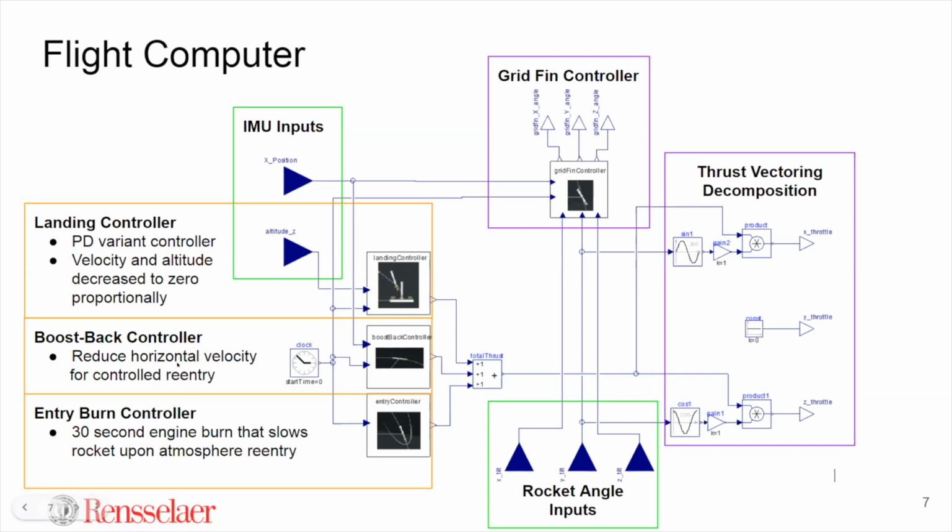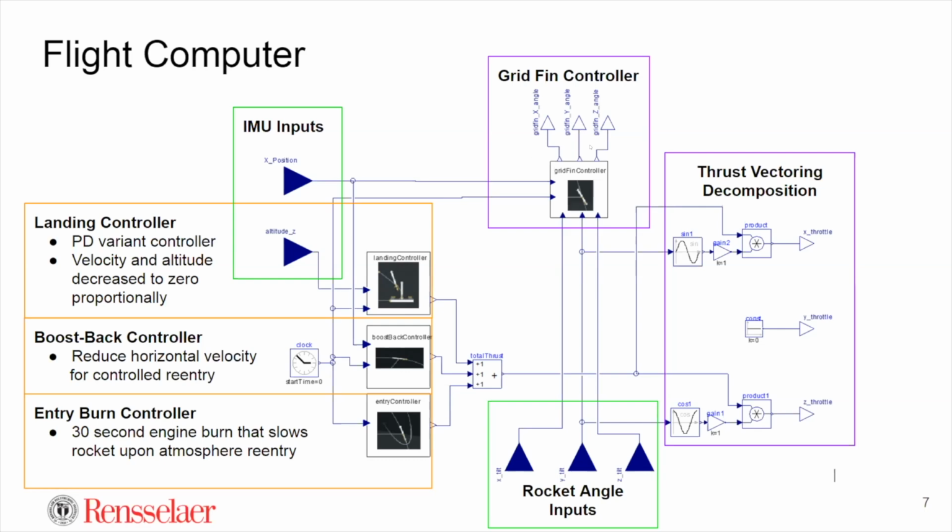Boost back burn, that's looking at the horizontal velocity that gets below a certain point, then that shuts off. Landing burn, that's just a little PD variant controller that's basically decreasing velocity and altitude, ideally to zero proportionally until it reaches sea level, essentially.